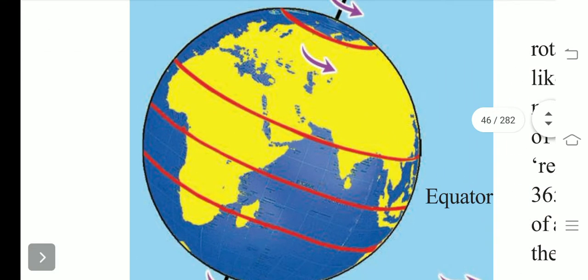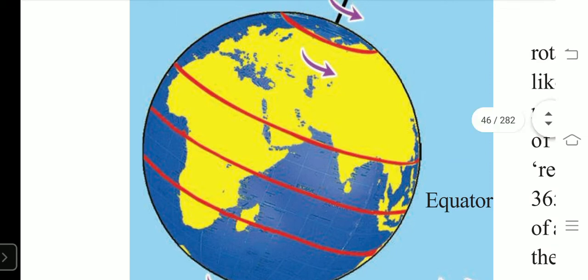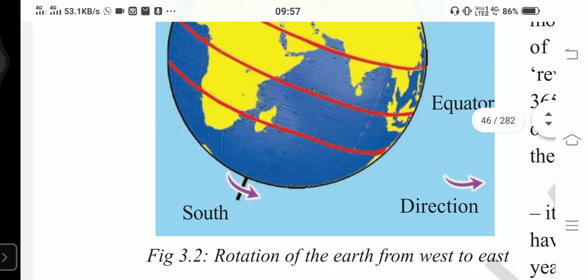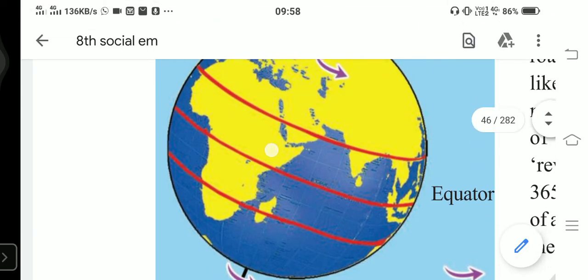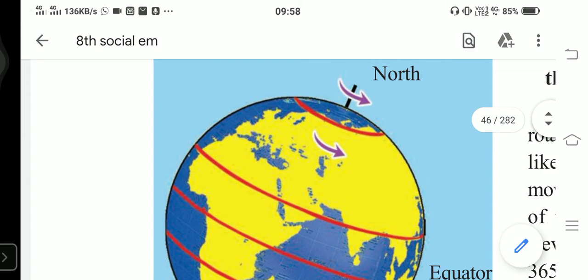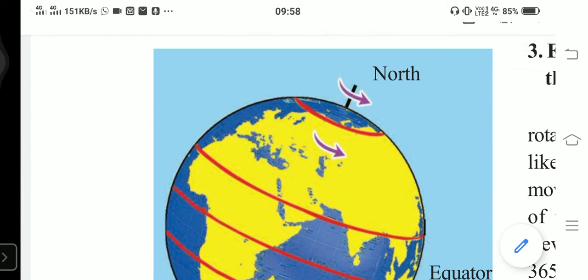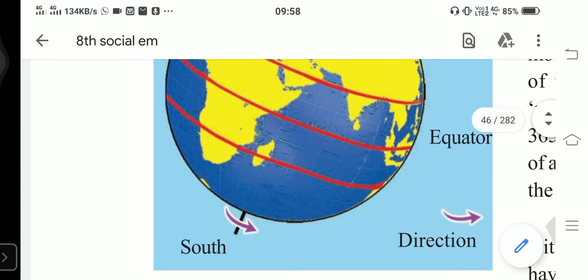So Earth rotates around its axis, right? That is an imaginary line that connects the North Pole and South Pole, right? So the imaginary line connecting North and South is called the axis.